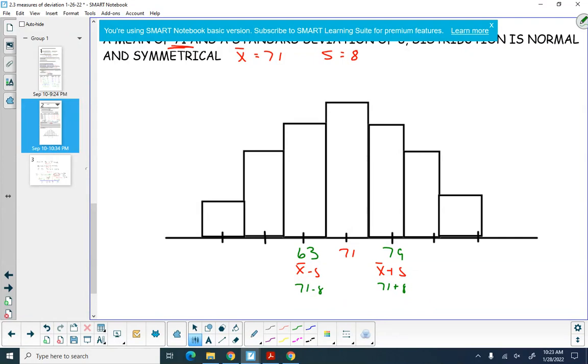If we look at our histogram here and look at these data values, what the empirical rule states is that if I count up the percent of the data values that are between 63 and 79, 68% of the data values will be between the values of 63 and 79.